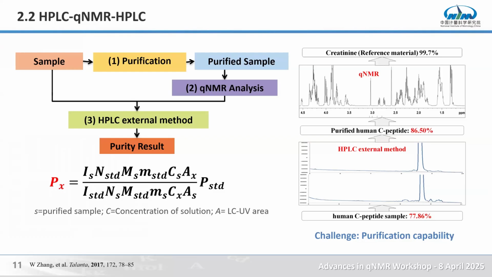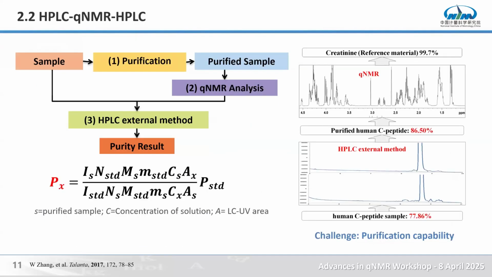This method can remove the overlap peaks from impurities by producing a high purity calibration standard from the original sample. So this method can expand the qNMR method to peptides and proteins, and I will talk about it in part 3.